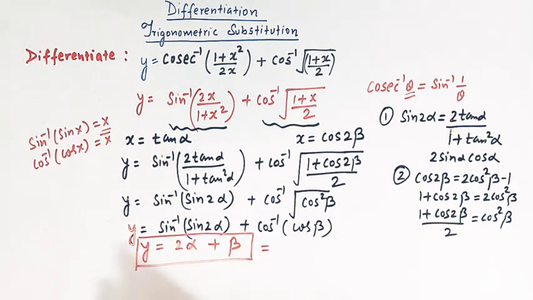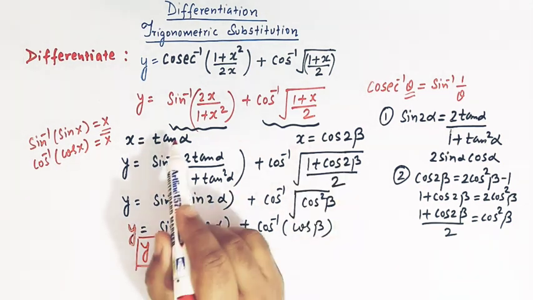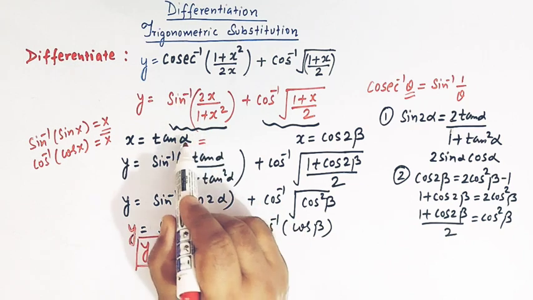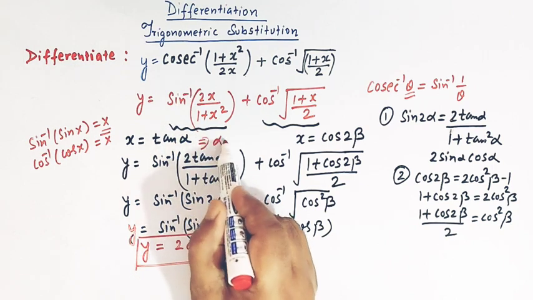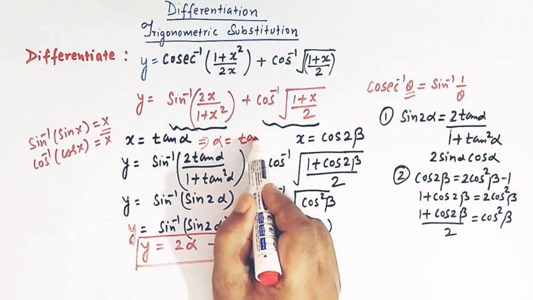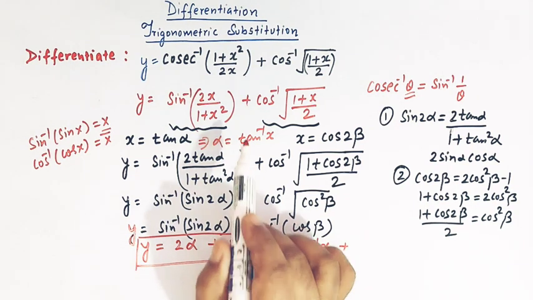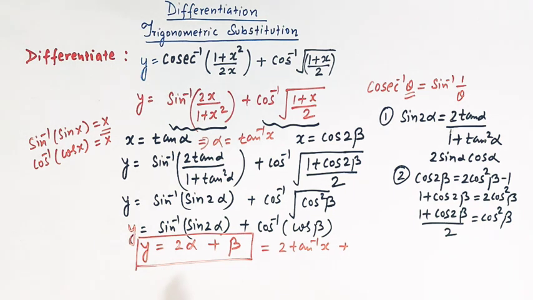So now see, we have assumed that x is equal to tan alpha, right? So we can now write alpha is equal to tan inverse of x, right? So here we can now write 2 tan inverse of x, because alpha is now tan inverse x, right? So we are again converting this result to in terms of x, right? And here we have beta.